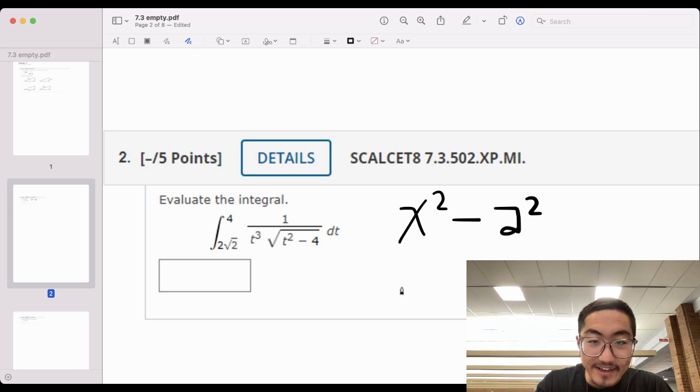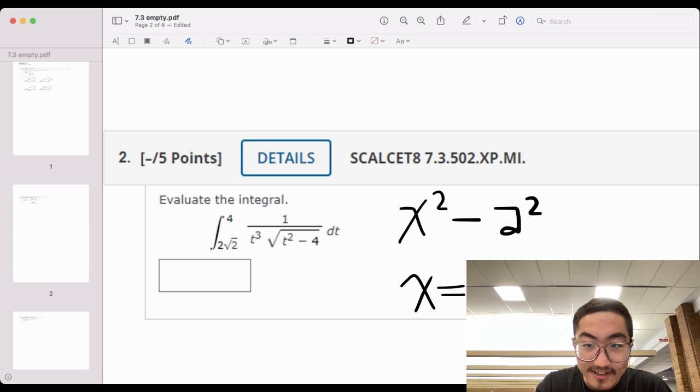This type would be x equal to a secant of theta. So we have t squared minus 2 squared, so use the substitution x equal to 2 secant of theta.